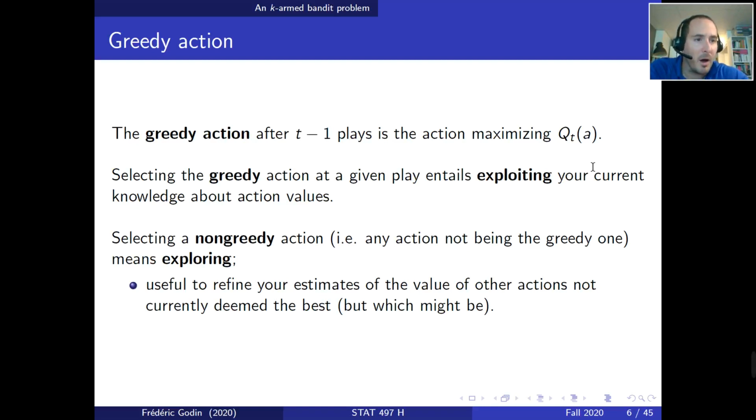If you sample from other levers, this allows you to refine your estimates of their expected values, and you might discover that the one you thought was the best is not the best, and another one is the best lever. So exploring entails selecting actions that are non-greedy, that you don't necessarily think are the best given your current information, but this allows you to refine your estimates of the value of the other actions. And by value here we mean expected reward.